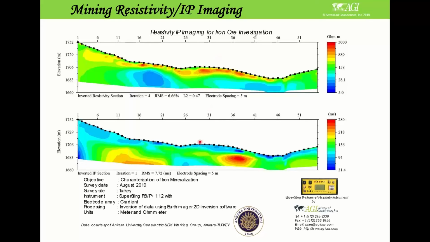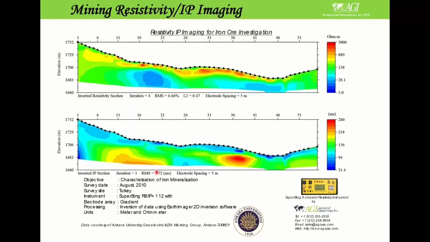This is actually a very shallow study, but it used stainless steel electrodes, and I think 5 meter spacing, and you can see the high chargeabilities and low resistivities zone over here. So typically what you're looking for most of the time is high chargeabilities and low resistivity zones.